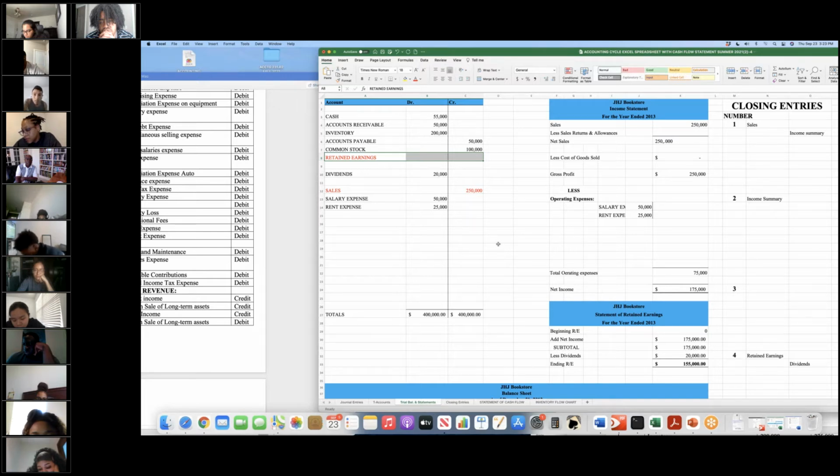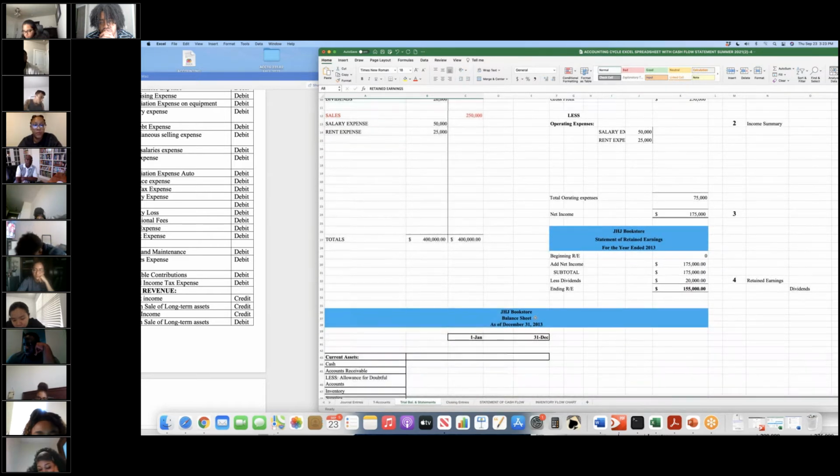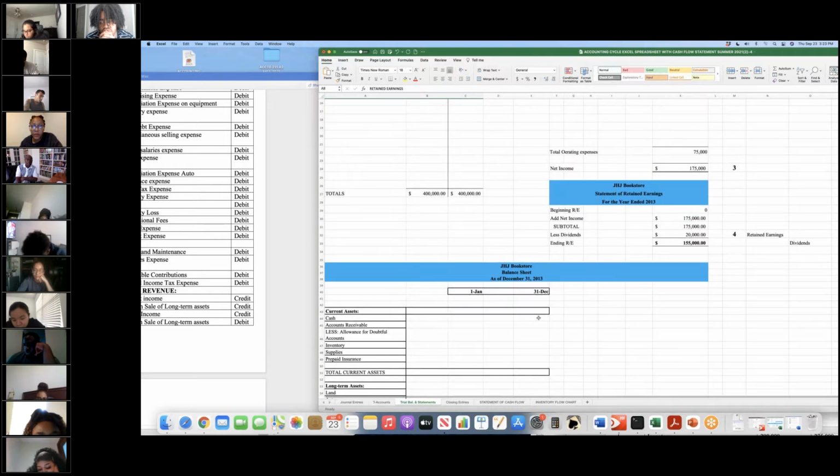So now we have to see, are we balanced at the end? We didn't do any balancing here, but now we have to do the balance sheet, and we'll be doing it at the end of the year.